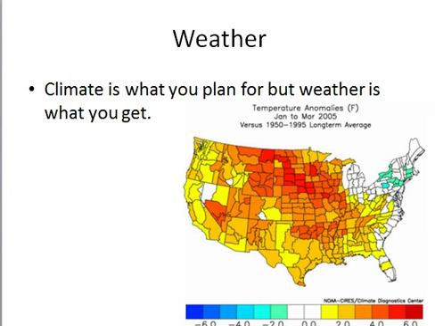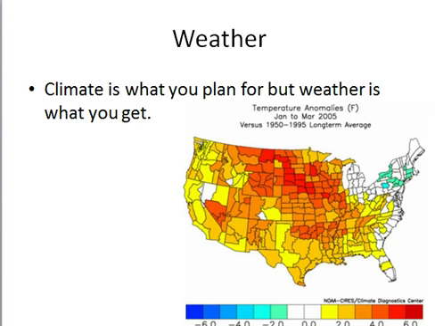Somebody once said, climate is what you plan for, but weather is what you get. So I may plan to go to Greece because generally the climate in Greece is warm in the summer, but I could hit a really wet weather week. So that's one way to think about that. Weather can change minute to minute, hour to hour. Climate is that long-term average.